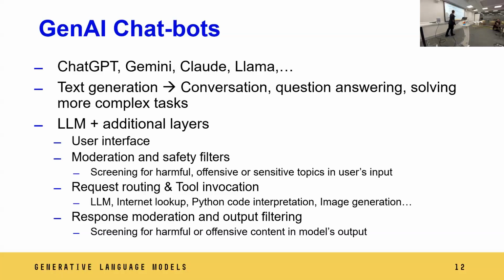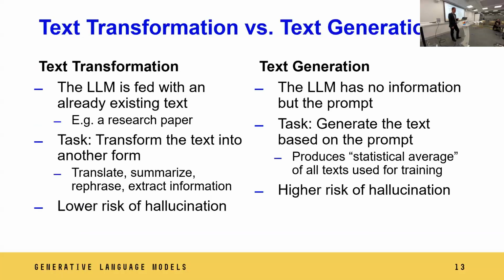So there is again output filtering. Another screening for harmful content. So a lot of layers, a lot of computation. The large language model is only part of that tool, and the tool has to handle much more complex issues.